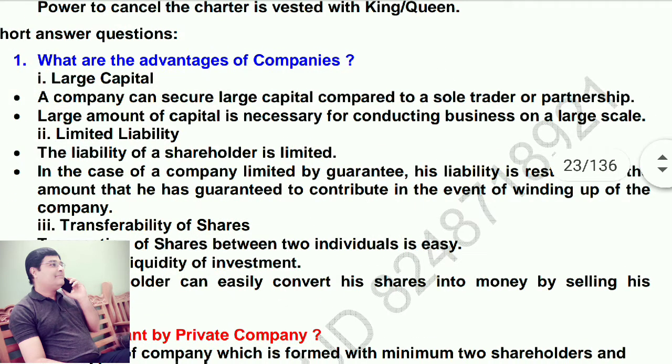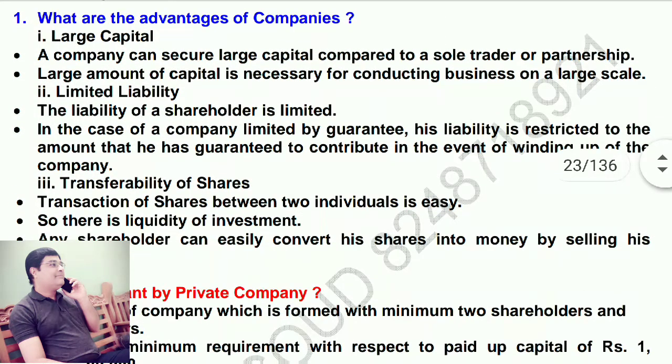Now move on to short answer. What are the advantages of companies? Large capital. A company can secure large capital compared to a sole trader or partnership. A large amount of capital is necessary for conducting business on a large scale.